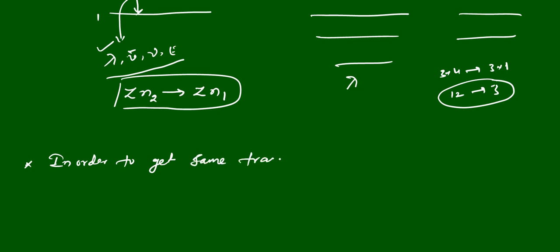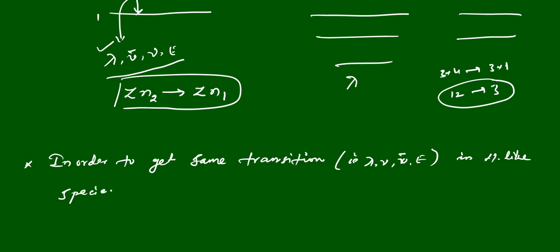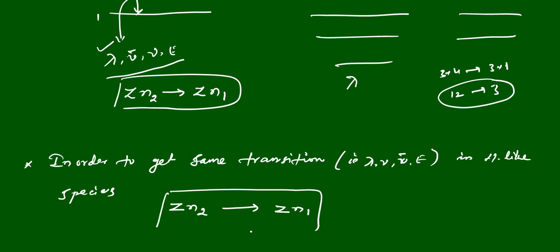In order to get the same wavelength, same frequency, same wave number or same energy in hydrogen-like species, the transition should take place between Zn2 to Zn1. If you remember this, you can easily identify it.